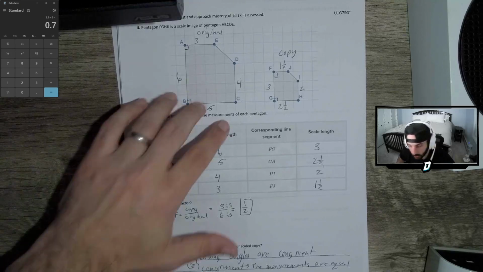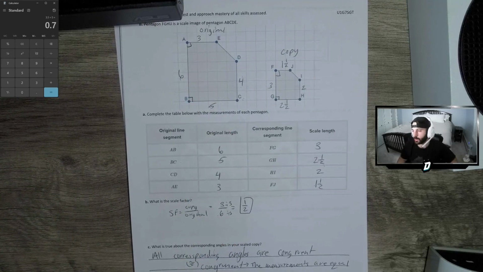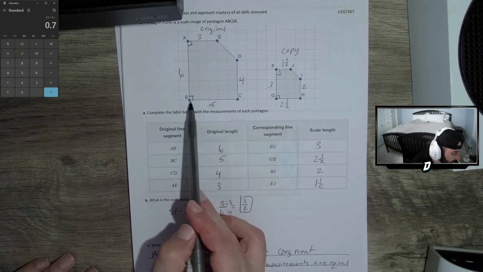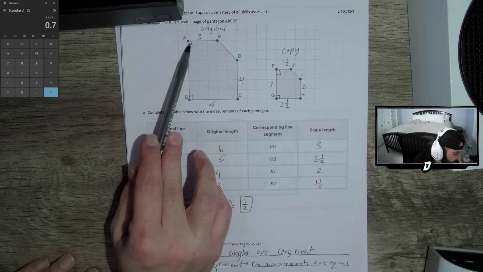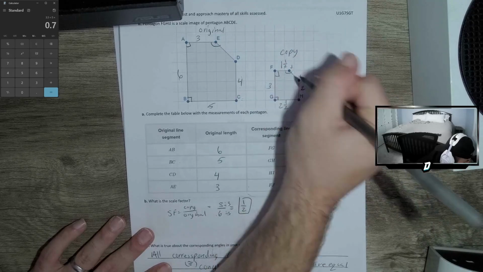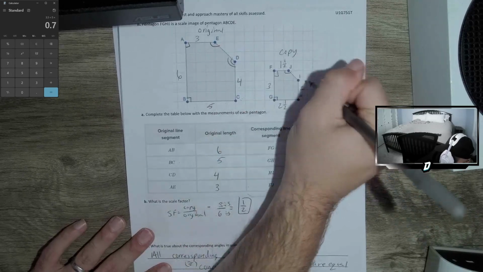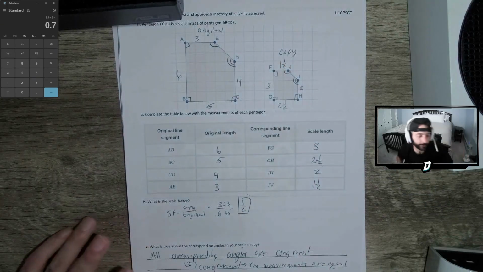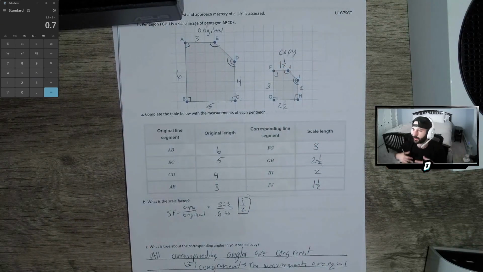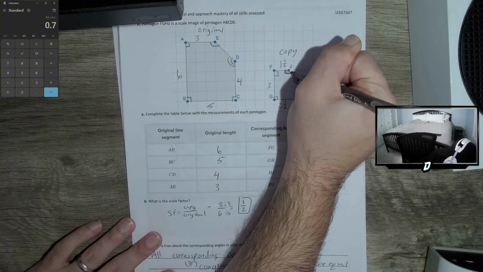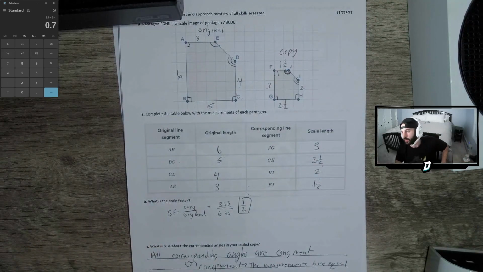So since these are scaled copies, the measurements of all the corresponding angles will be equal, right? 90 degrees, 90 degrees, 90 degrees, 90 degrees, 90 degrees, 90 degrees. And whatever the measurement of this angle will be equal to this angle. And then same here, these would also be equal. All corresponding angles are congruent. I should make this one look less like a deformed box and more like what I had before. All right, let's go to question 3.